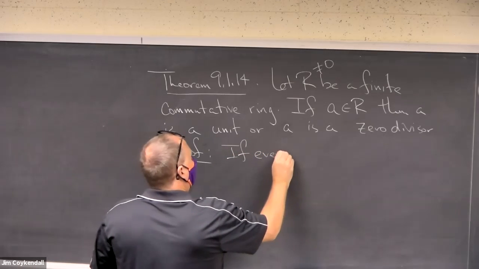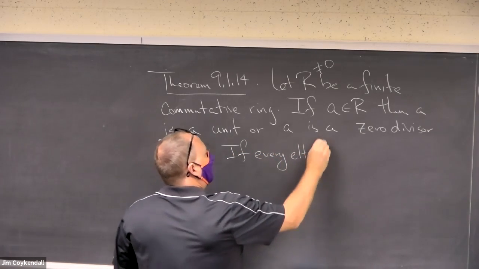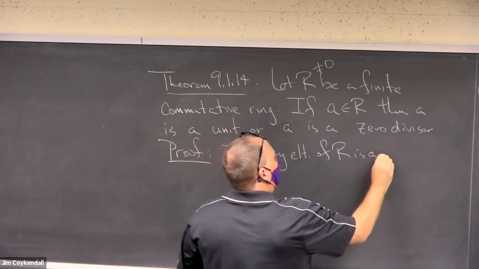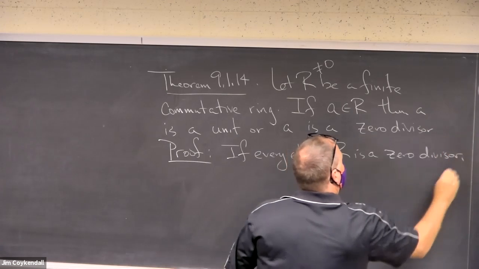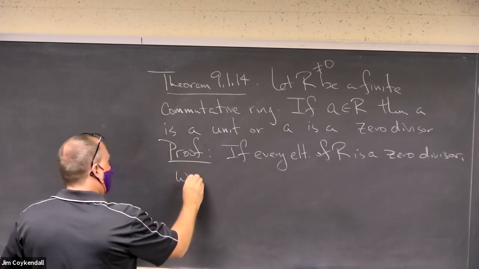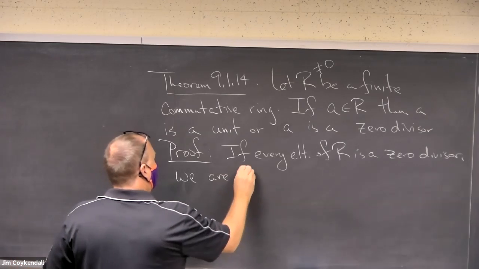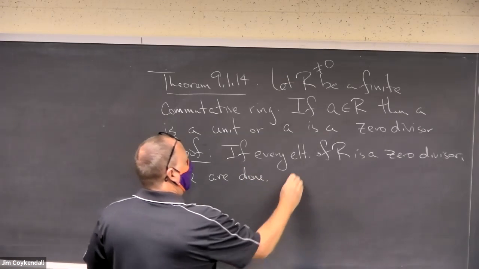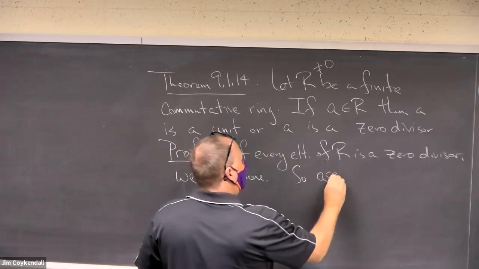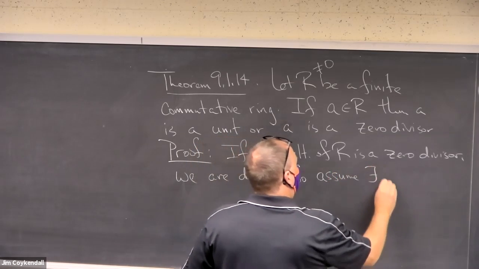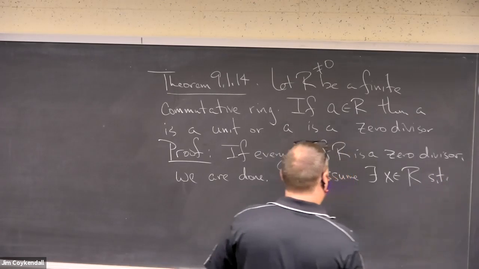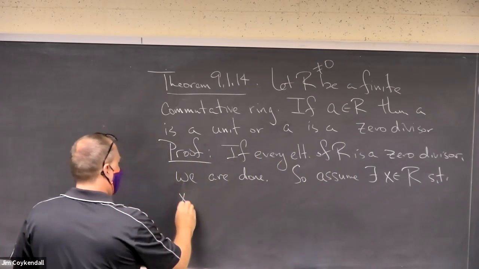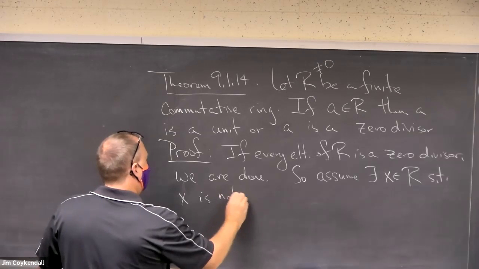Yeah, if every element of R is a zero divisor, we're done. So, assume there exists X in R such that X is not a zero divisor.